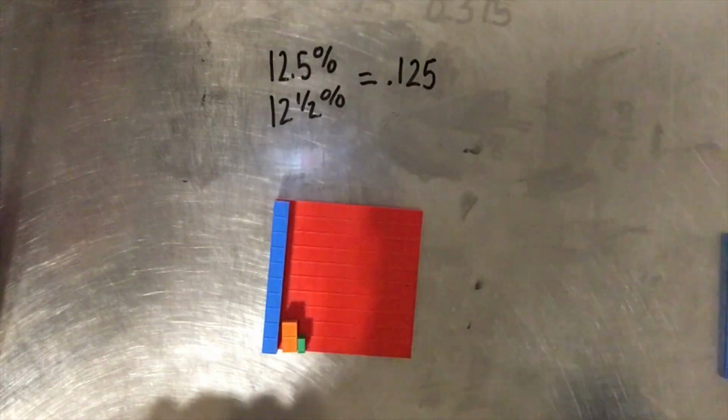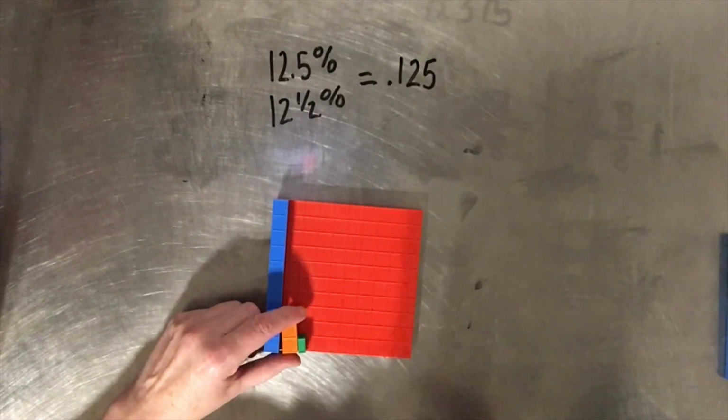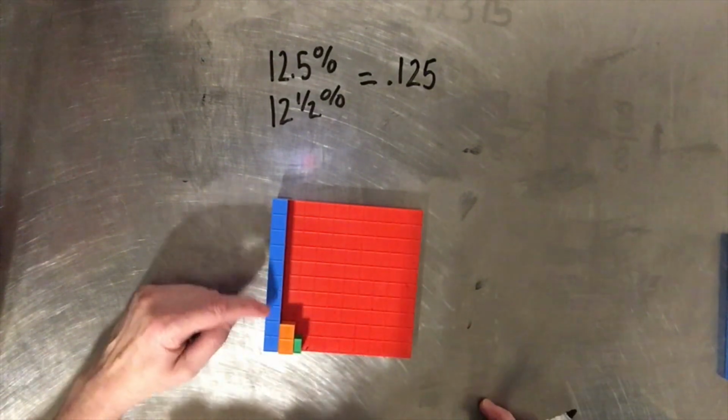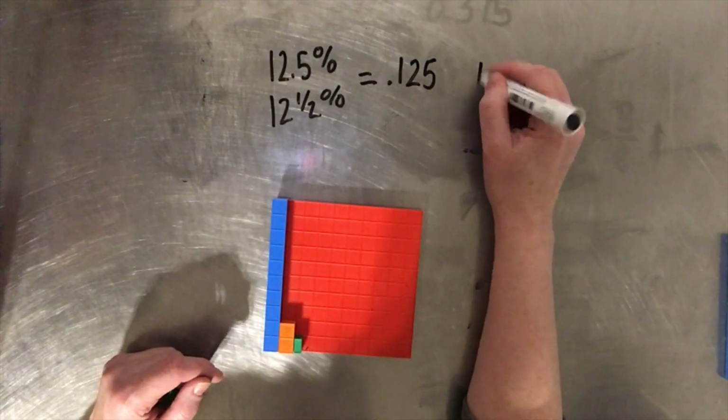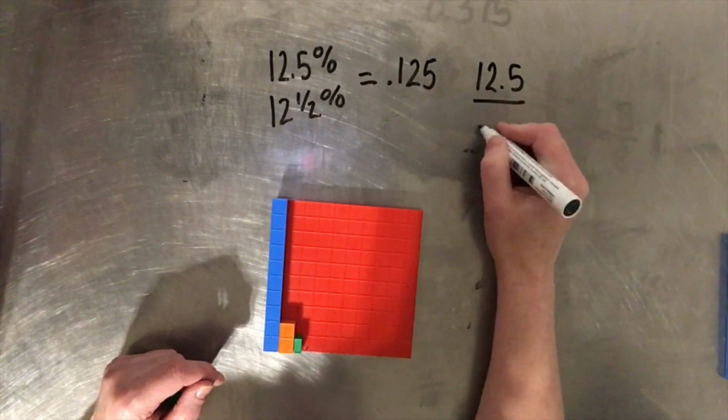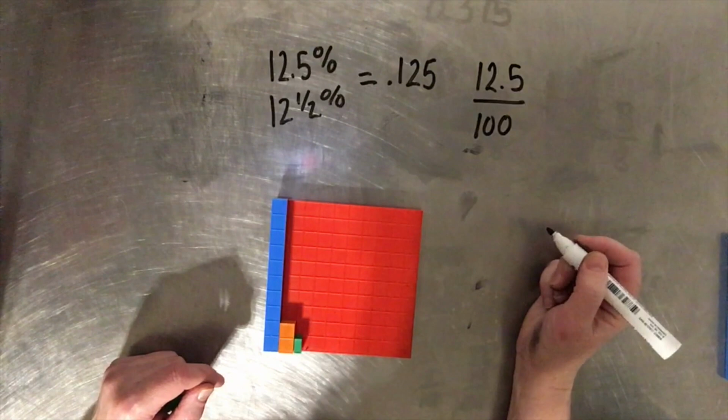Okay, so then if we want to turn that into a fraction, right? Well, don't we have just 12.5 out of 100?